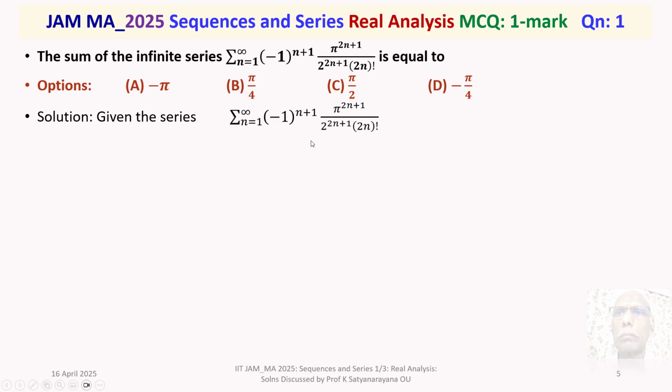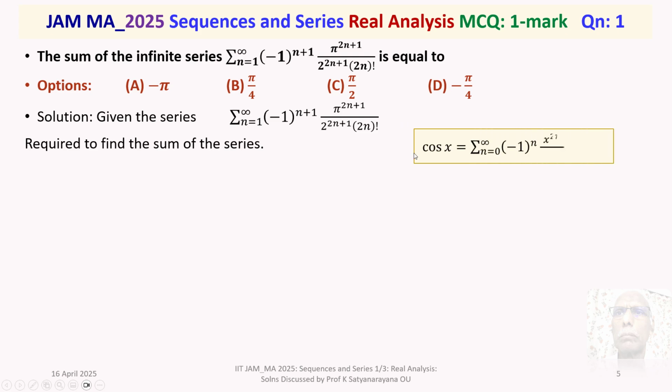We are given this series. By seeing this series, what we remember is this formula: the expansion of cos x is sigma n equals 0 to infinity (-1)^n x^(2n) by (2n)!, x belongs to R. Now, here pi^(2n+1) by 2^(2n+1) can be written as (pi by 2) whole to the power of 2n+1, and sigma is there, (2n)! is there.